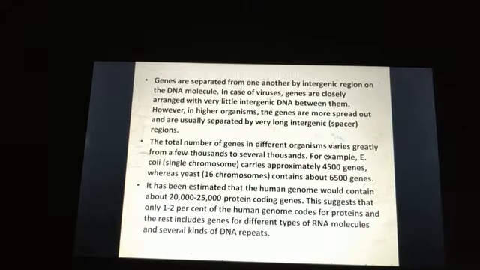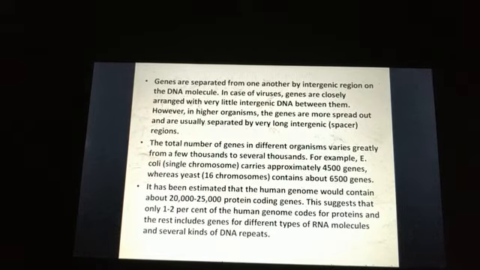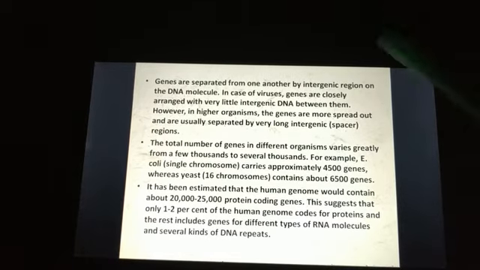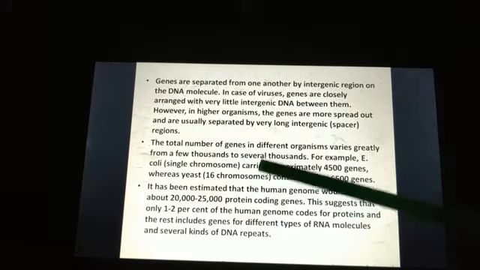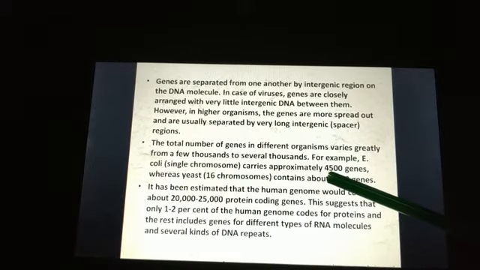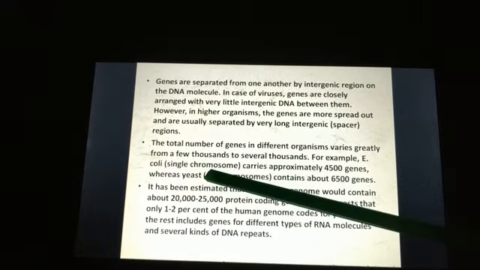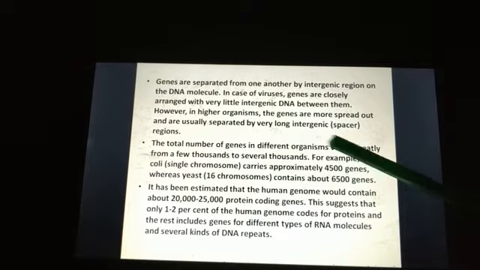Next, the total number of genes in different organisms also varies from a few thousand to several thousand. For example, E. coli is a bacterium, and its single chromosome carries approximately 4,500 genes. So in E. coli, a single chromosome carries approximately this many genes.